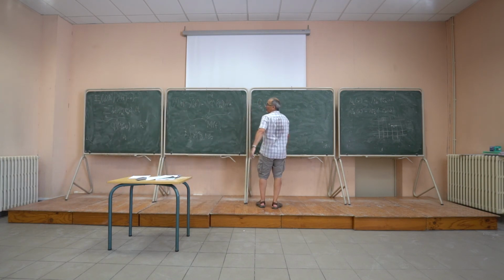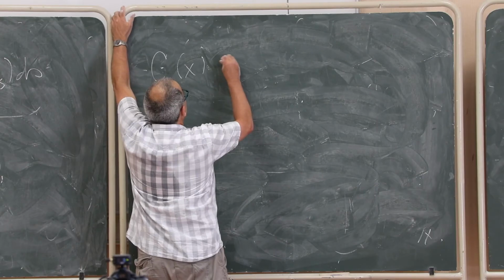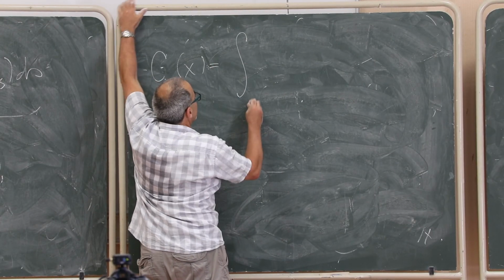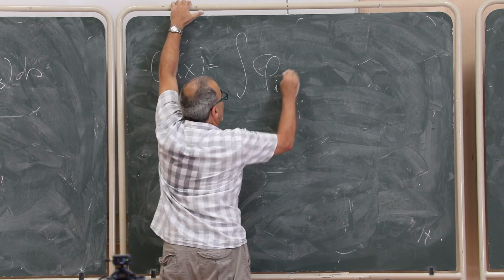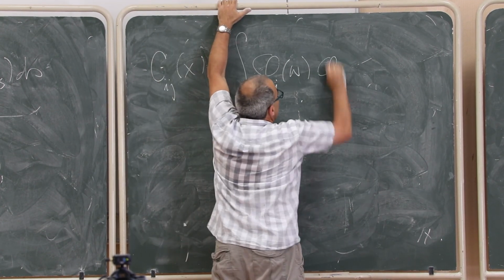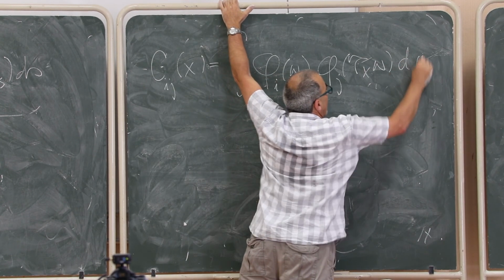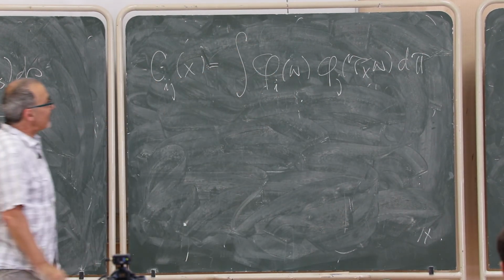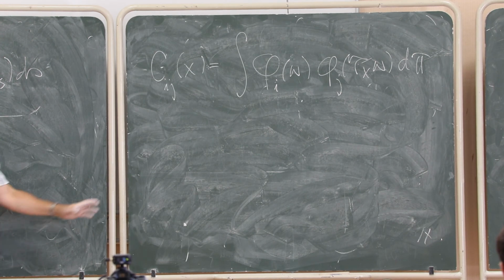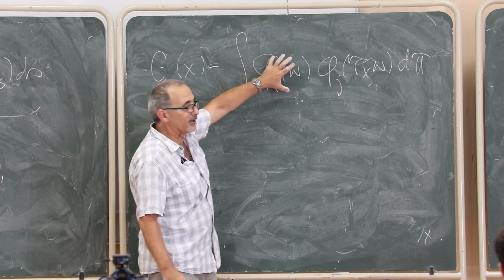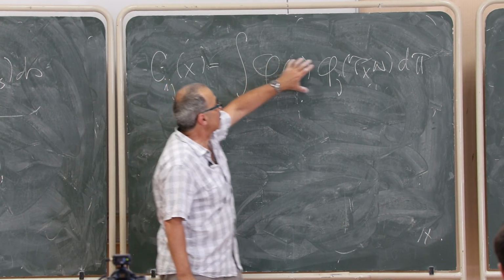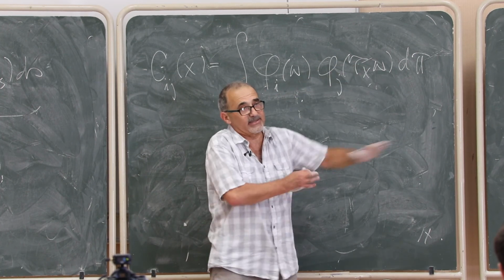Let C_k^{ij} be the integral of phi_i(omega) phi_j(tau_x omega) d pi. So that's the covariance of the drift field at the origin with the drift field at the site x. And there is translation invariance.